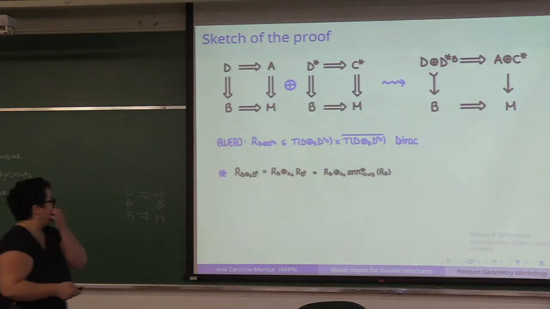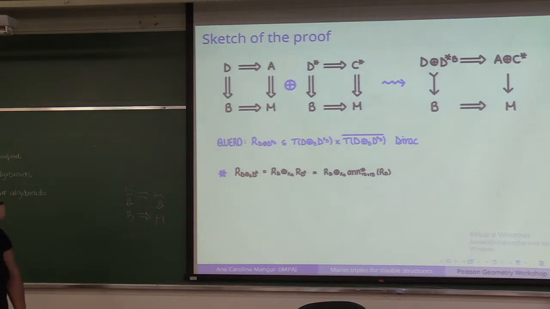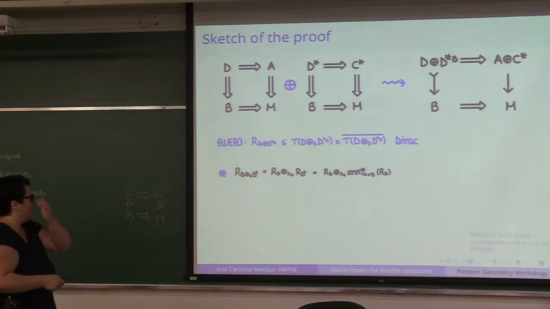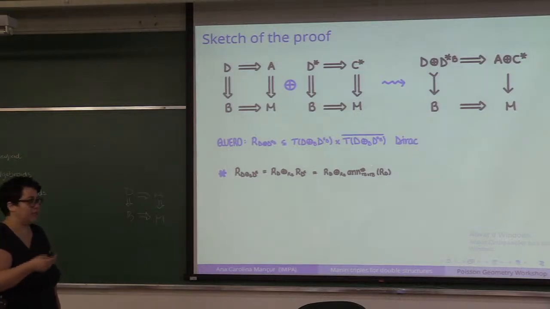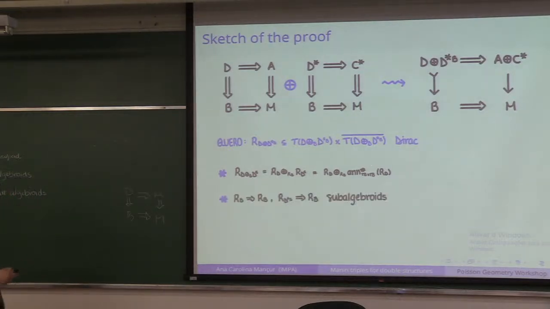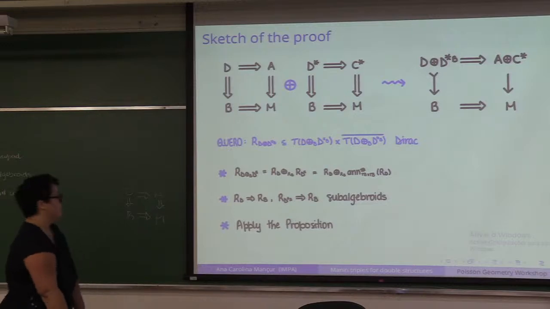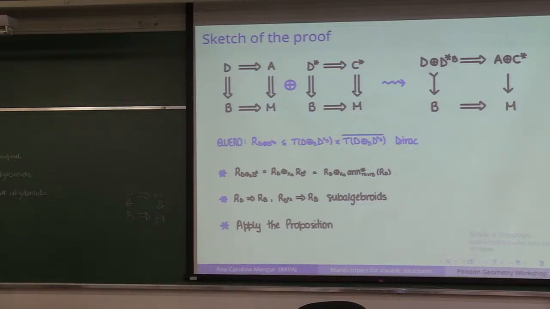So by the last slide, we have that the relation of the double is the double of the relations, and the relation of the dual is the annihilator of the first relation. Also, we prove if we have a double Lie algebra, the relations are subalgebras. So we have this, we apply the proposition and prove that.